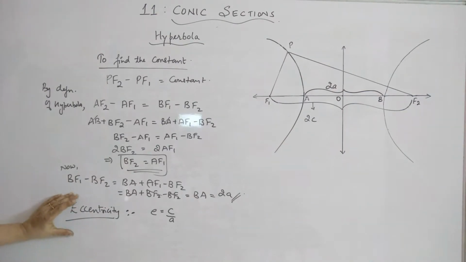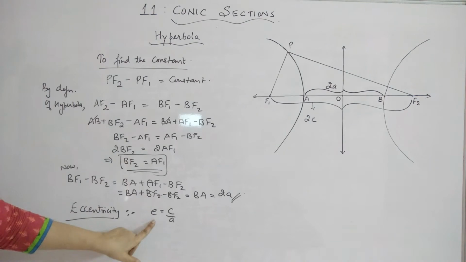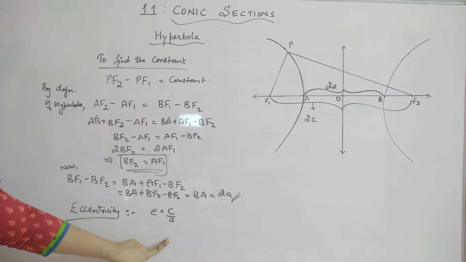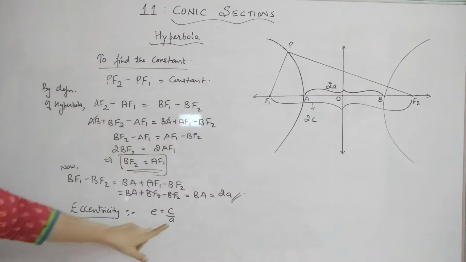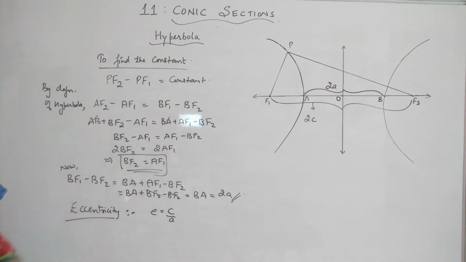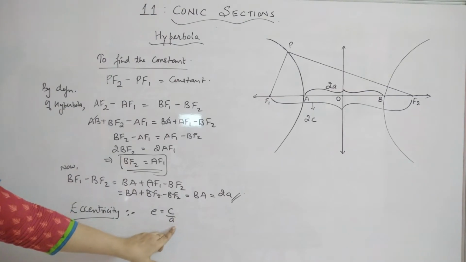Now what is the eccentricity of a hyperbola? It is the same as what we have studied in ellipse. For ellipse it was e equal to c by a, the ratio of the distance from the center to one of the foci divided by the distance from the center to one of the vertices. So the ratio between those two is the eccentricity for ellipse as well as here. But the thing which is changing is, here the value of c is greater than a, that is, the numerator is bigger than the denominator.